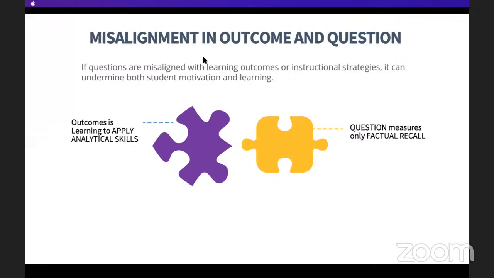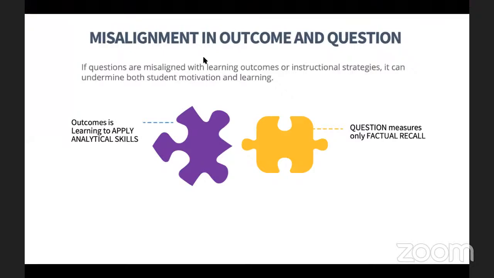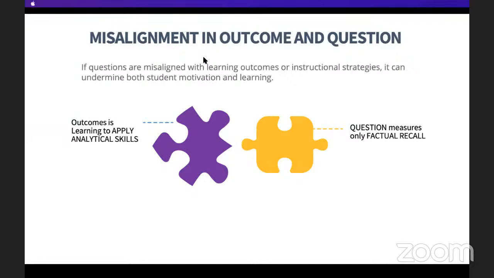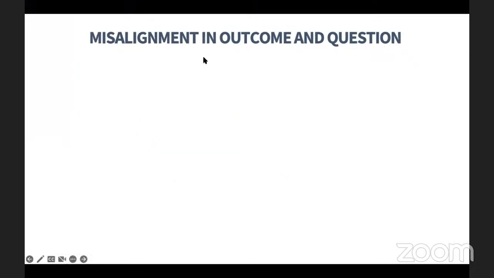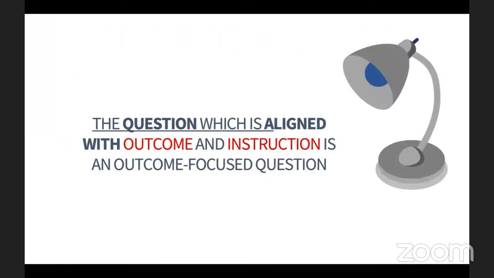Yes, so we were talking about this misalignment. I think those who could now join from YouTube haven't missed much. We have just started this session, and what I have covered so far is that the first concept we have to implement in OBE is avoiding the misalignment between the questions, outcome, and the instructions.